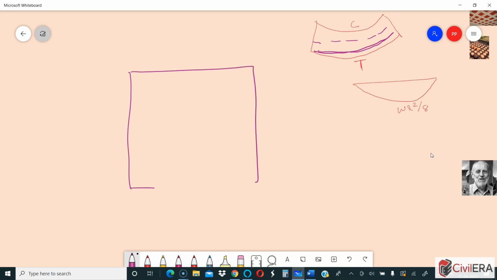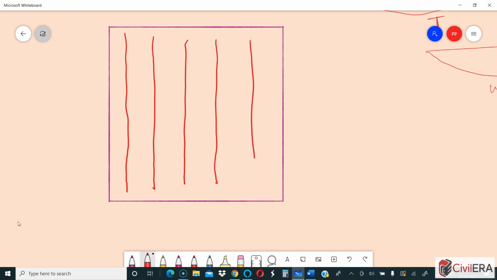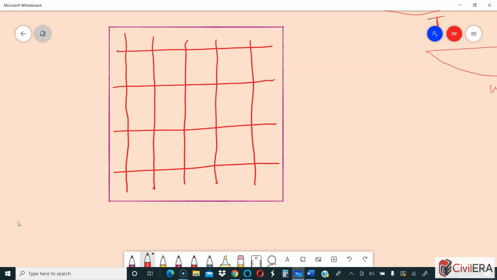So if you have a slab like this, say you have rebars laid out at some spacing, say something like 300, and say you have the rebar in the other direction, something like this. So let us assume that you have 300 by 300 spacing rebars all across the slab.